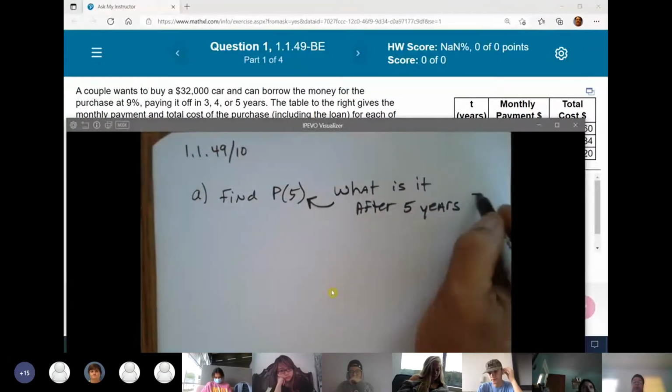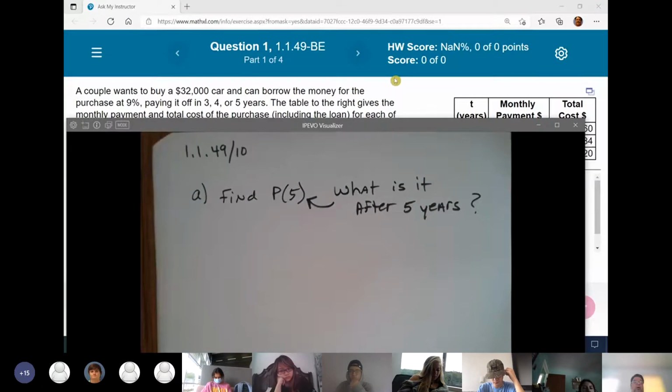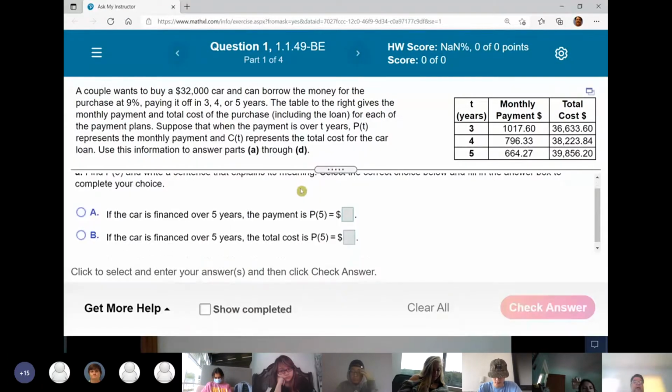Find P of 5 and write a sentence that explains. Okay, 5 is $39,856.20 with a monthly payment of $664.27. Since they're asking for the cost, well, you could say the payment. The car is financed over 5 years and the payment is $664.